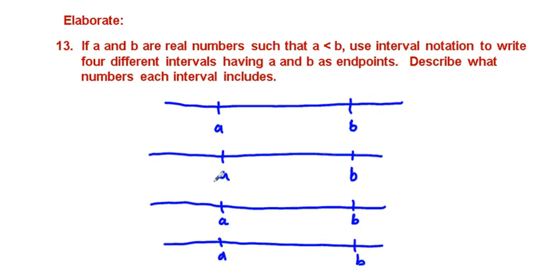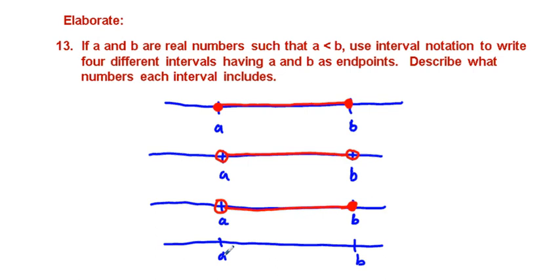Okay, I'm going to use red here. You can have A and B both be closed circles. You can have them be both open like this, greater than A, less than B. You can have A be open and B be closed like this.